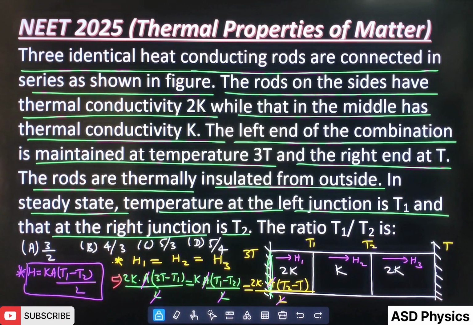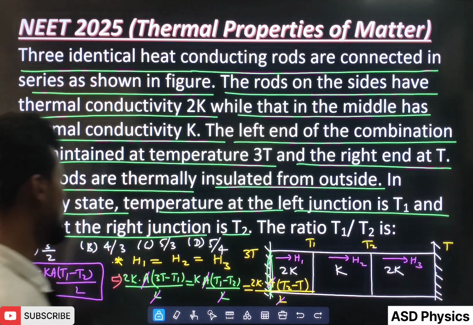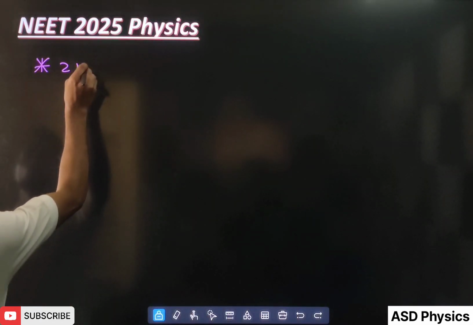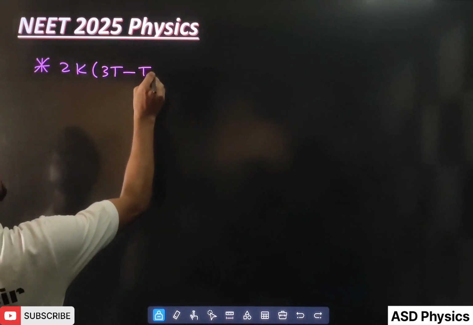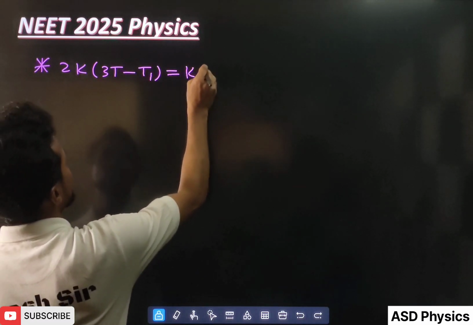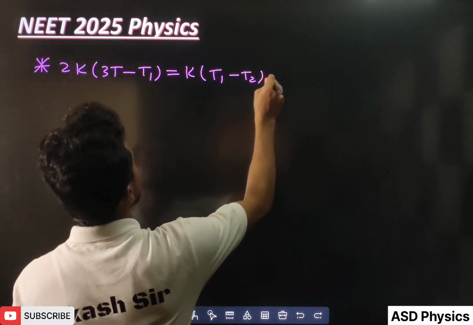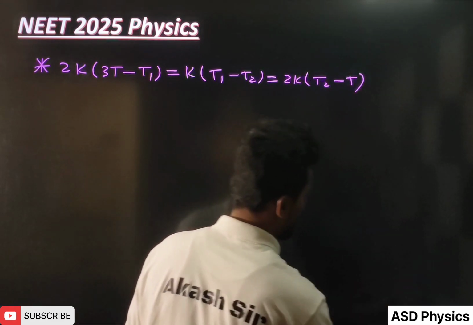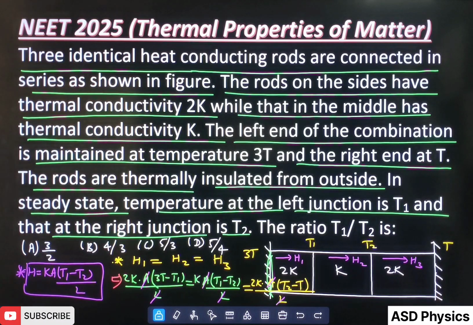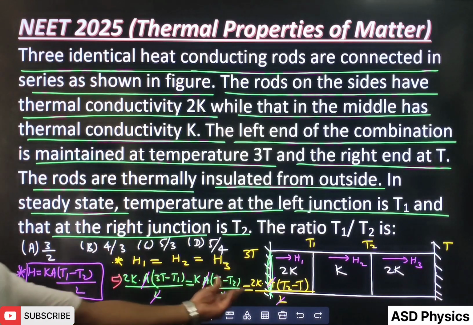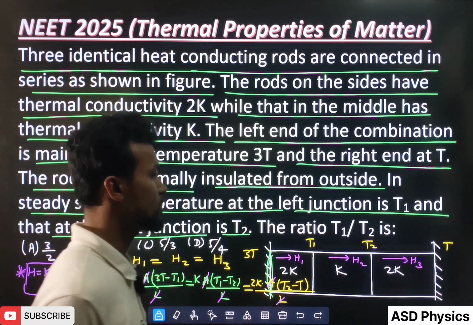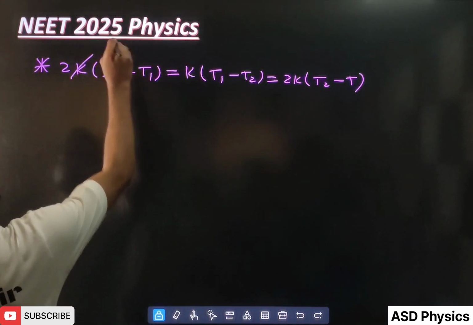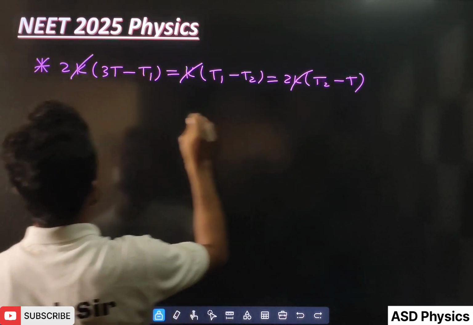So now we can write 2K (3T minus T1) is equal to K (T1 minus T2), and also 2K (T2 minus T), okay? So we have 2K (3T minus T1), K (T1 minus T2) and 2K (T2 minus T). Now this K and this K are also cancelled here.